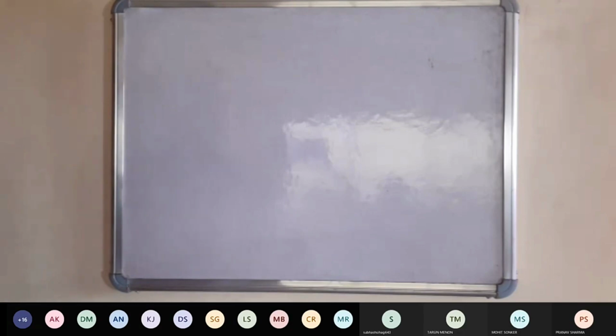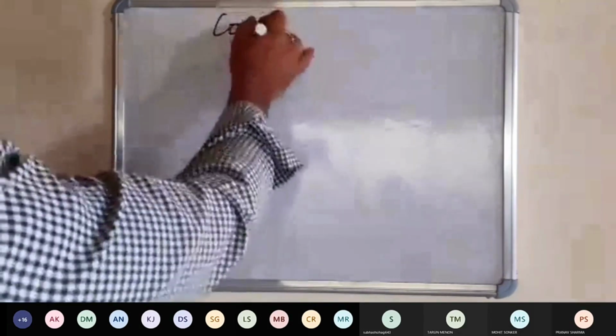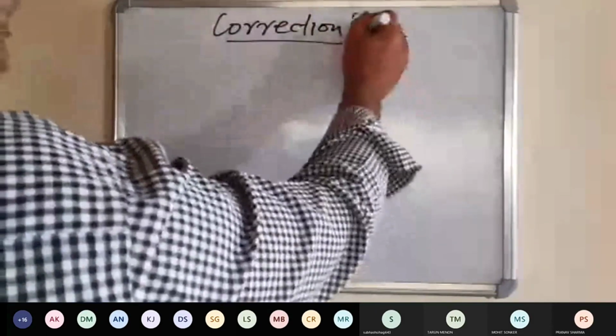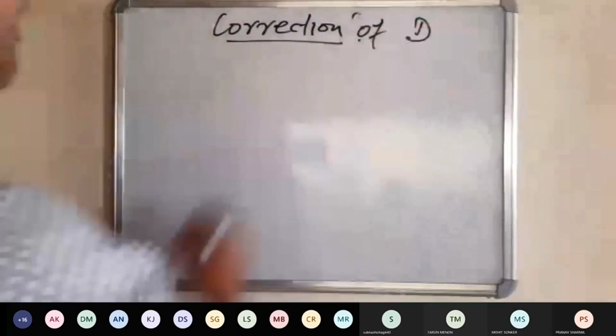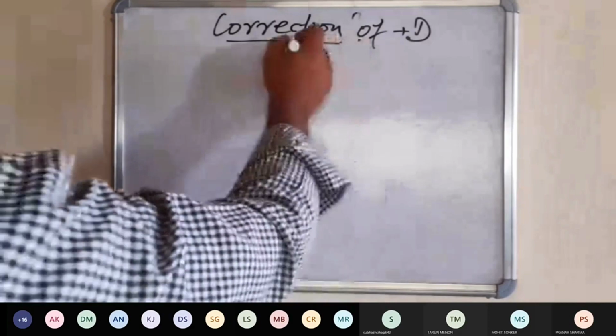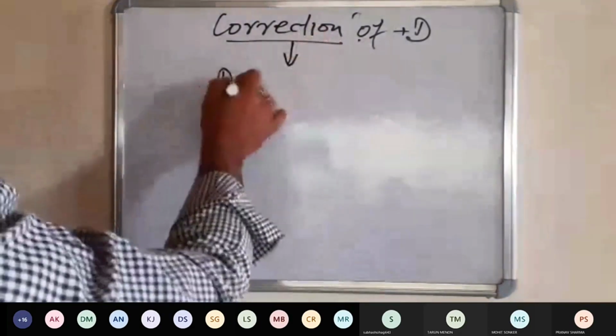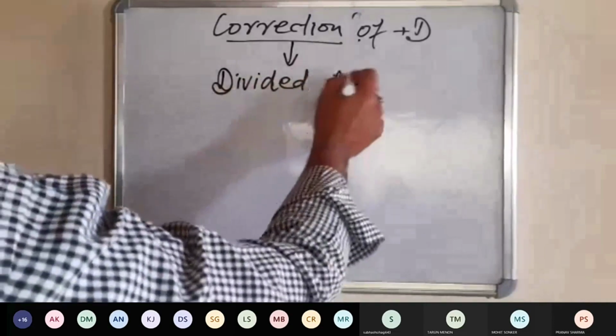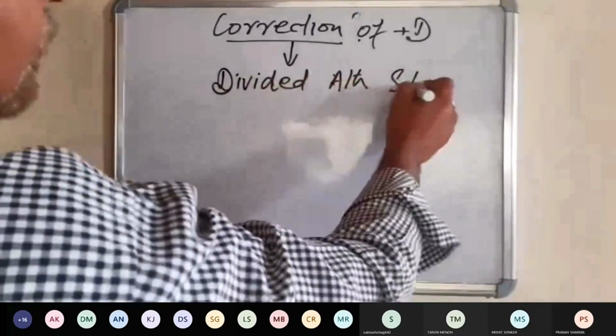So how do we do the correction? If there is plus D, then definitely we have to produce a minus D to counter it. So that correction will be done by divided athwartship soft iron.